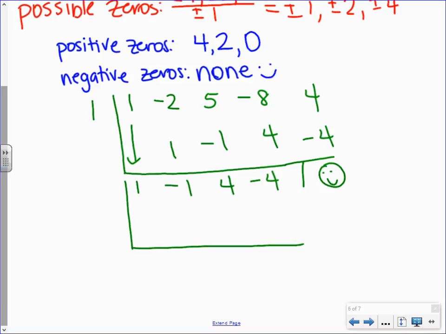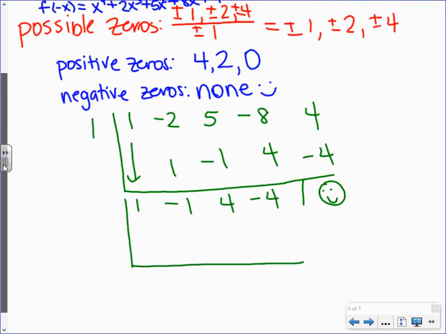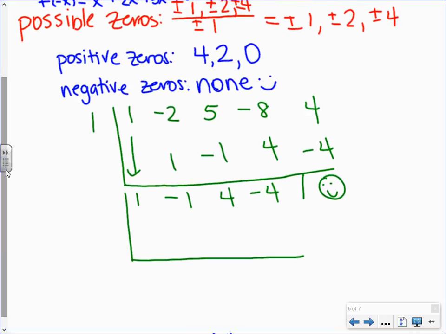I'm glad Caroline brought up, can't you just try 2 or 4, because you don't have to do one of those 2? Actually, just because we tried 1 and it worked doesn't mean we can cross it off our list. A lot of people are going to say, oh, 1 worked, I'm going to cross it off. But we know it's possible to have multiplicity of 2 or 3 or even 4.